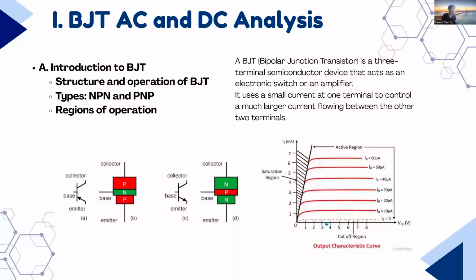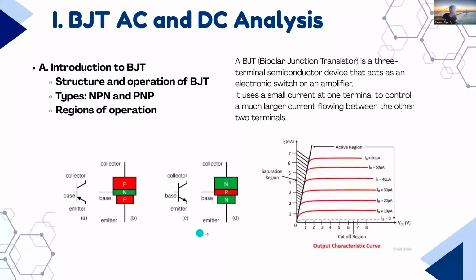Depending on how we apply voltages to these terminals or junctions, the BJT operates in three main regions: the active, saturation, and cutoff. So what is the cutoff region? The transistor is fully off. It will act like an open switch with zero current passing through. Like I said before, the current passing through collector to emitter is based on the current going to the base. So in the cutoff region, there is no current at the base.